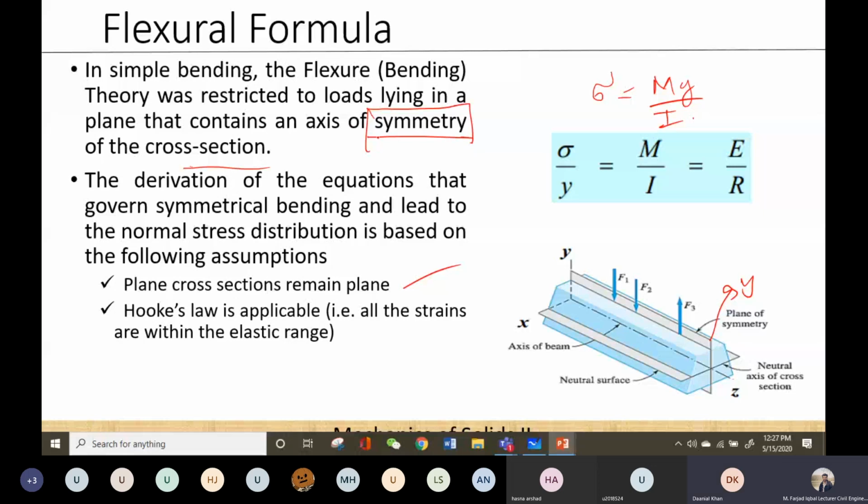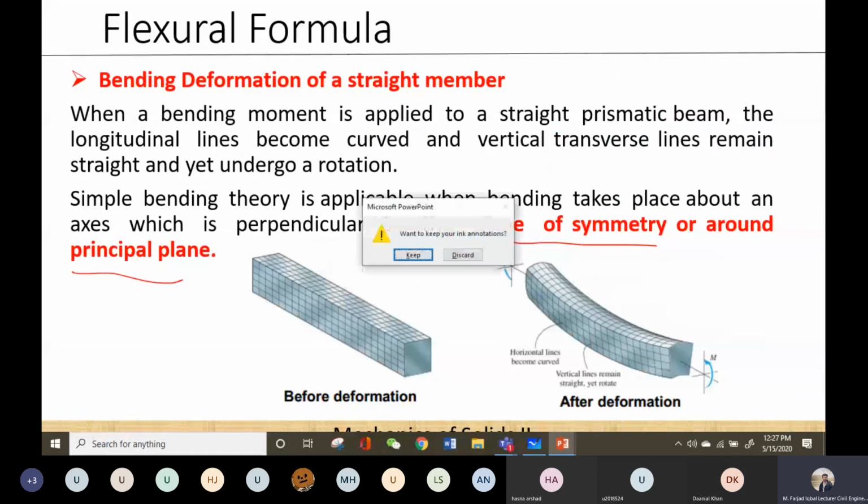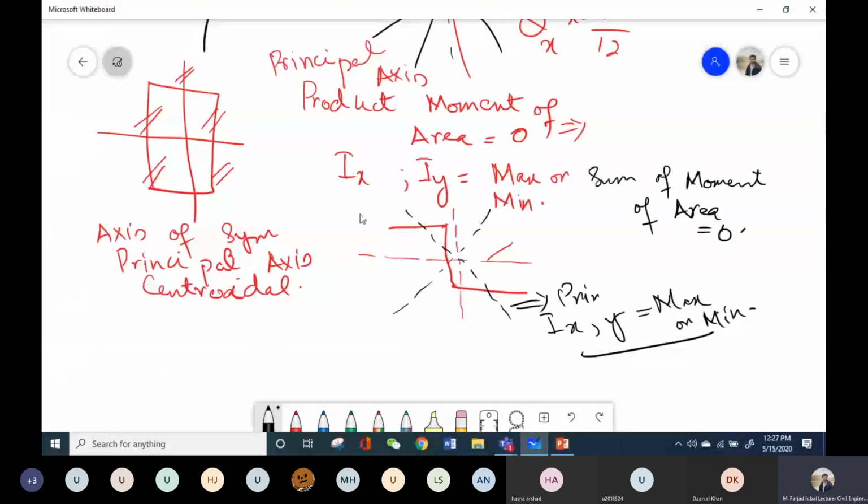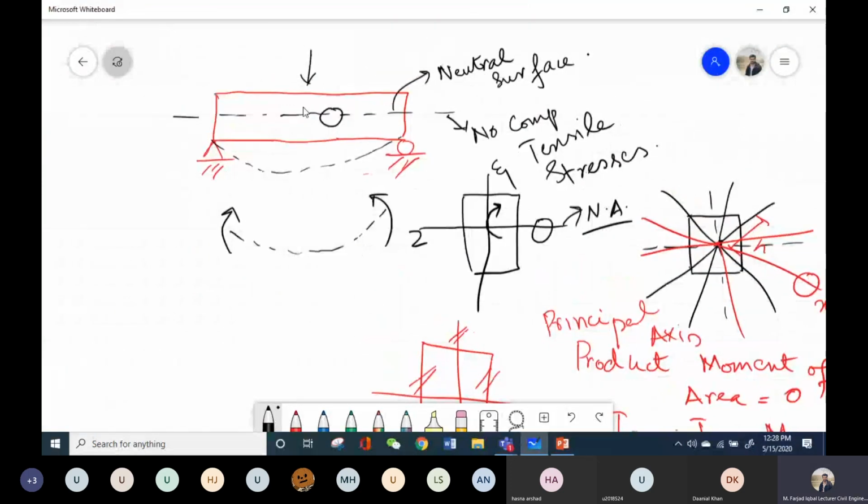For example, I said that the formula was derived for the loading which is acting parallel to the plane of symmetry. Now when the load is acting parallel to the plane of symmetry, where does the bending take place? Just like this example, the load is acting parallel to one of the planes of symmetry, and bending is taking place around one of the principal axes.